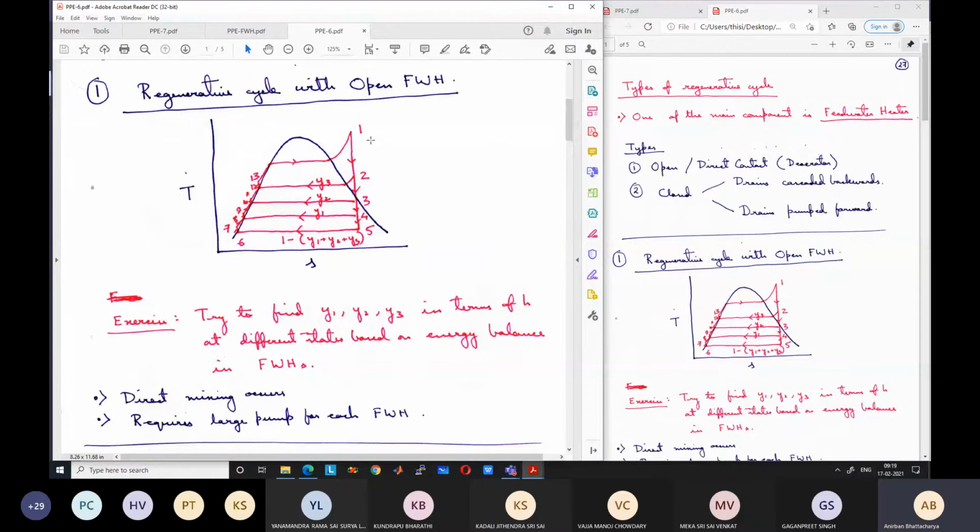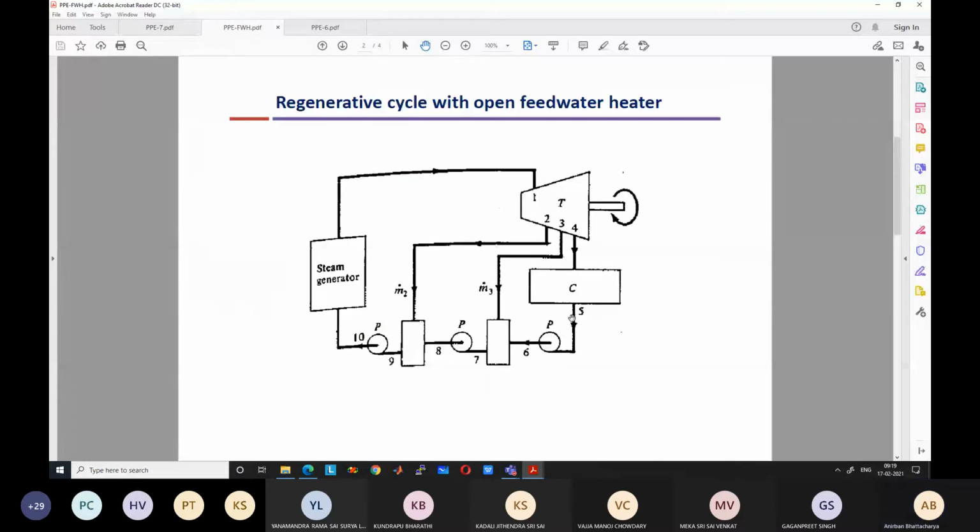So here what we can see, let me go back to the component diagram. What is the mass fraction of fluid passing through the condenser? Because we extract very small amount of steam for the feed water heater, most of the mass is still remaining and goes to the condenser. So this pump actually pumps a large mass of water.